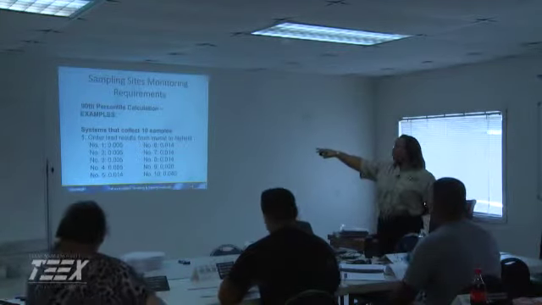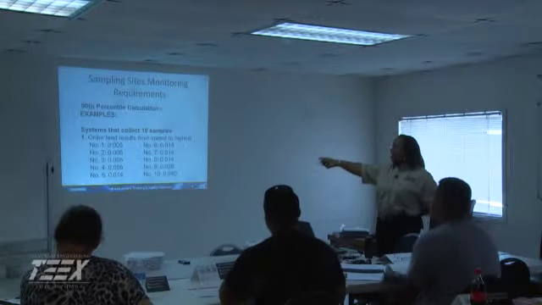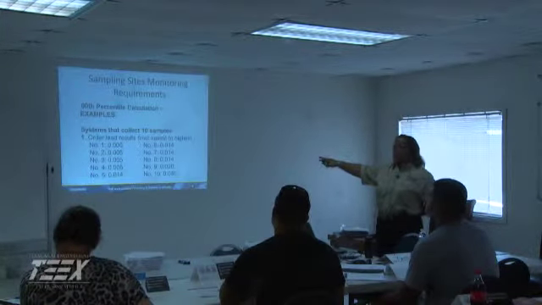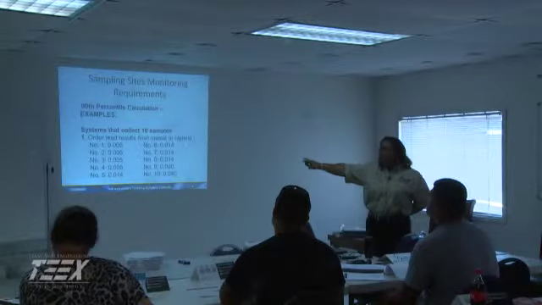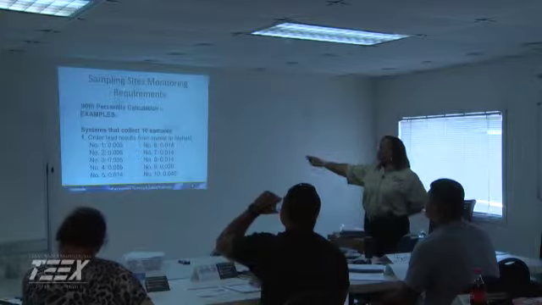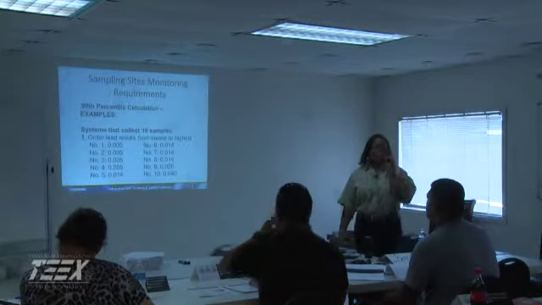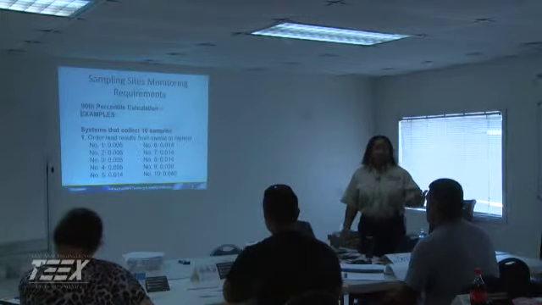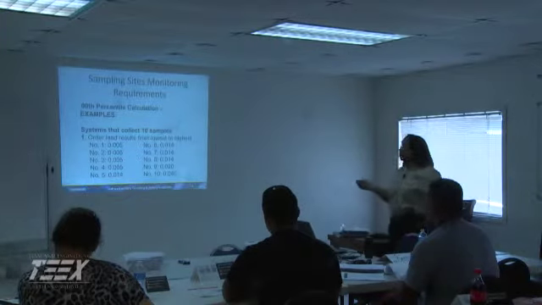And as you can see, the lowest is 0.005, the highest being 0.04. And this is for lead. Now, right away, because I have that 0.04 and the action level is 0.015, right away, I'm thinking what? I've exceeded it. But you can do the calculations to see.